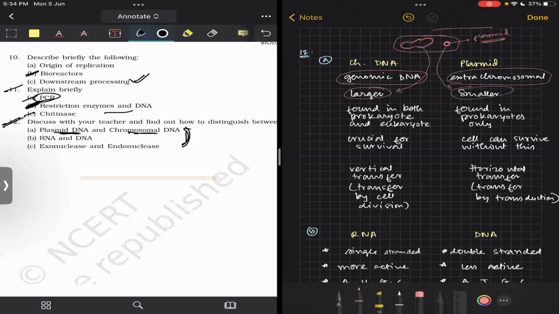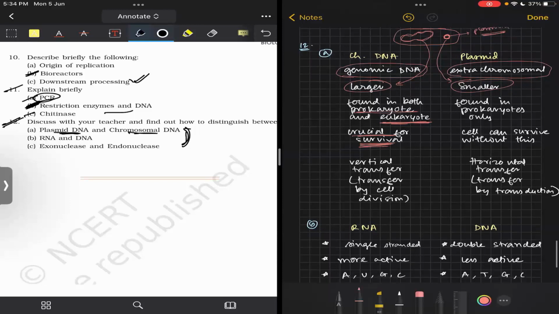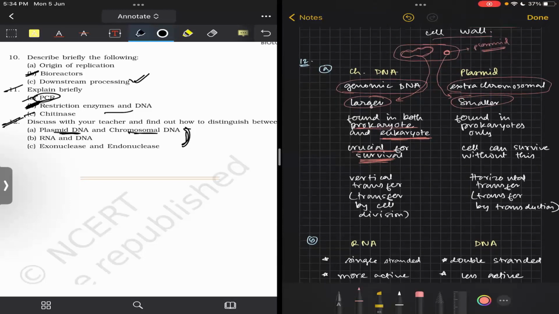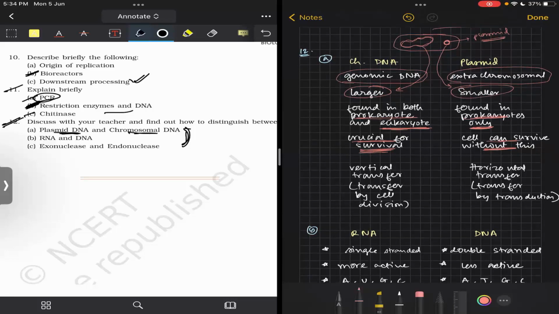Chromosomal DNA is found in both prokaryote and eukaryote, and without chromosomal DNA, the survival of the cell is impossible. So we need chromosomal DNA in order to survive. But plasmid is found only in prokaryotes, and a cell can survive without plasmid also. I mean, a cell does not need plasmid for its essential functions.